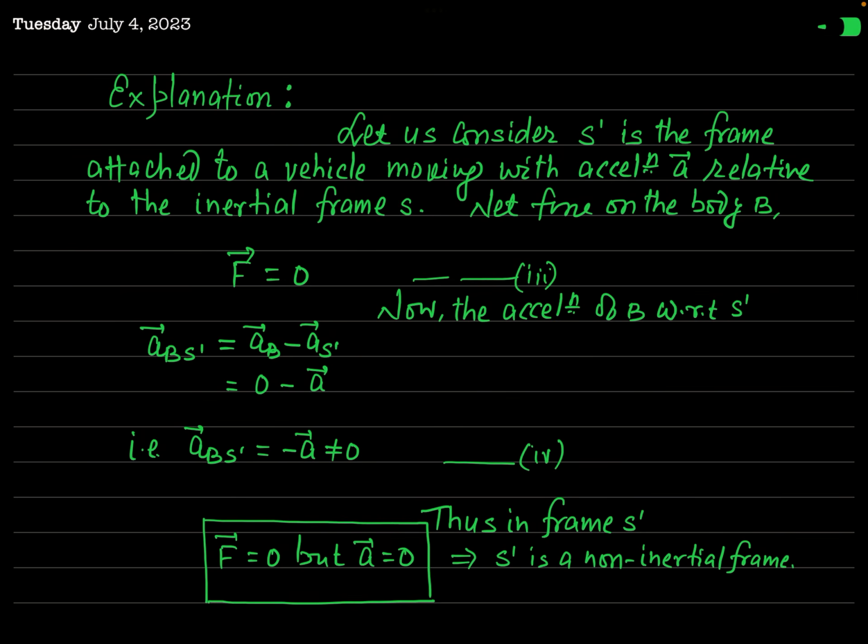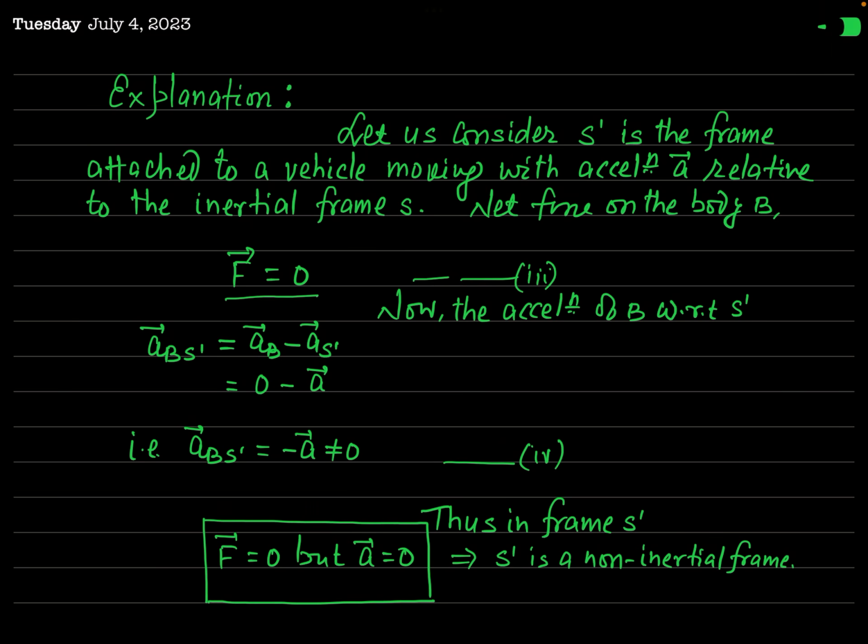I have mentioned all those facts here for your convenience. You can write down these things in your notebook, and that will be very good notes for your examination. I have mentioned that the net force on body B is equal to 0.